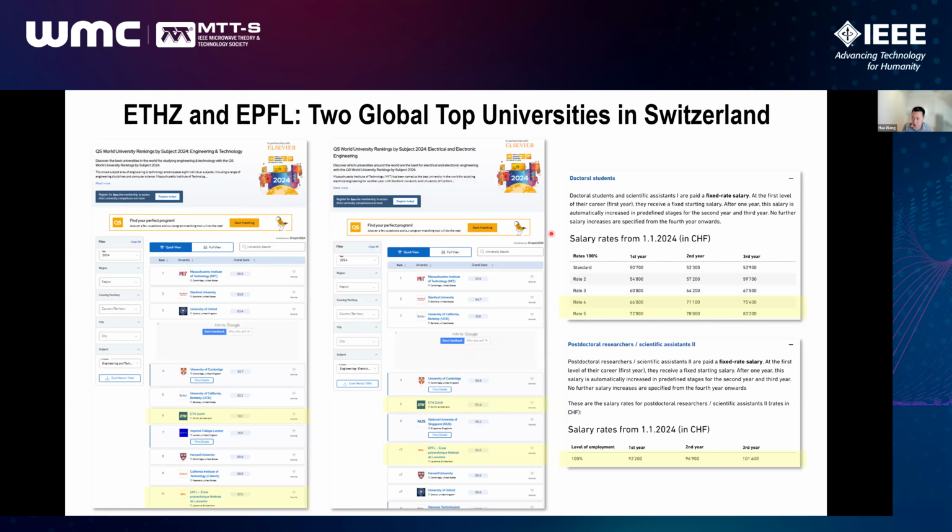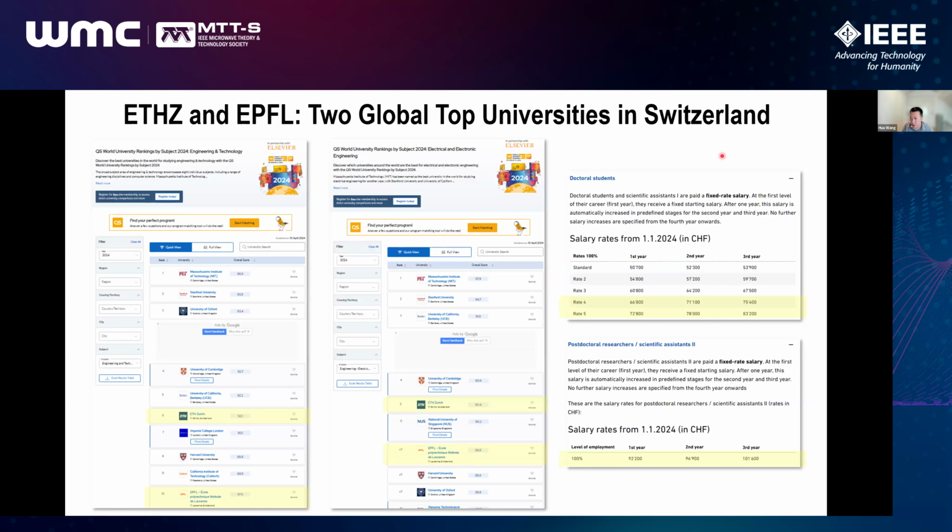At the same time, we are treating our students, postdoc researchers, research scientists, and scientific staff very well. Considering the cost of living in Switzerland, we pay our students, staff, and postdoc researchers in a very generous way.